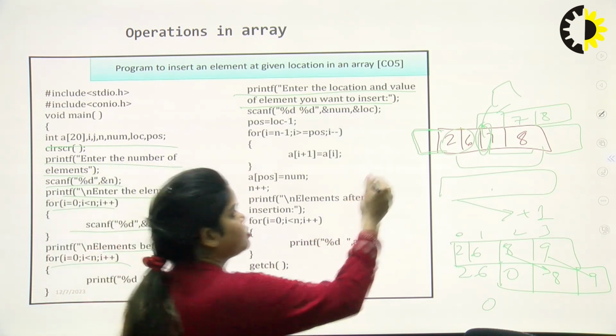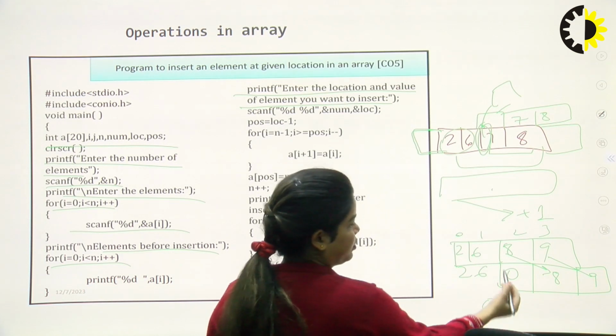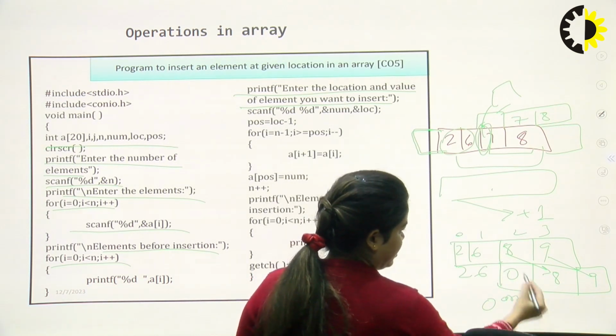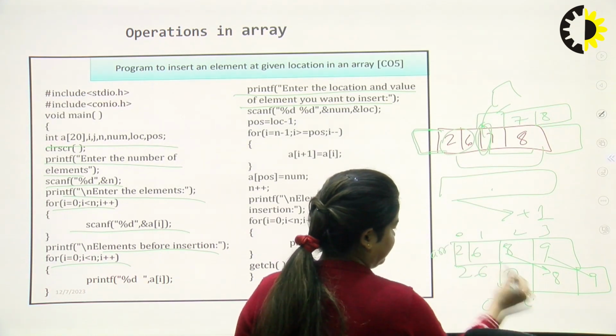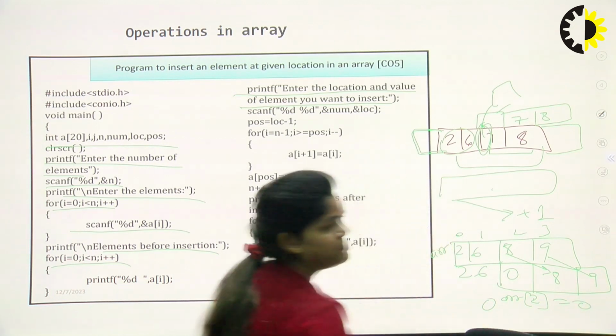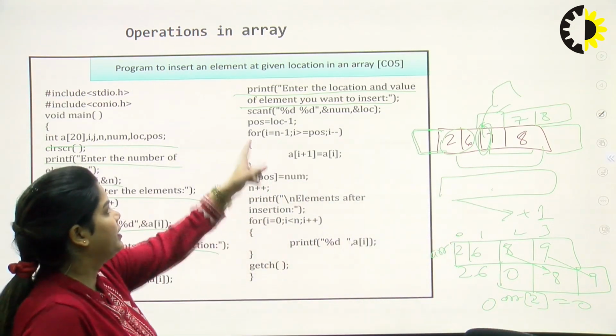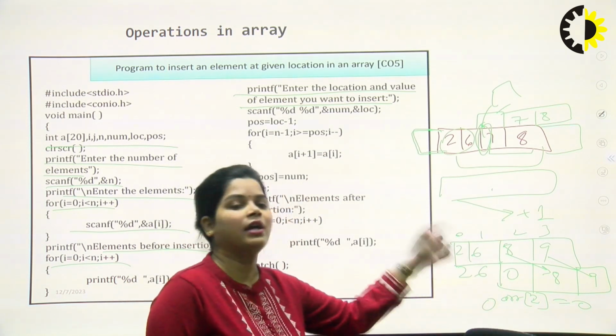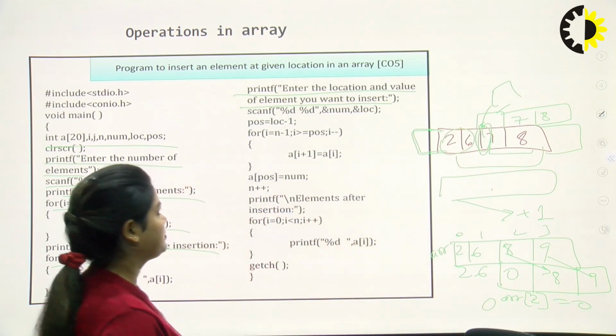Let's suppose the name of the array is array, then position will be 2 and number will be 0. Now scanf the number and location, means you have to give the location and the number which you want to enter.